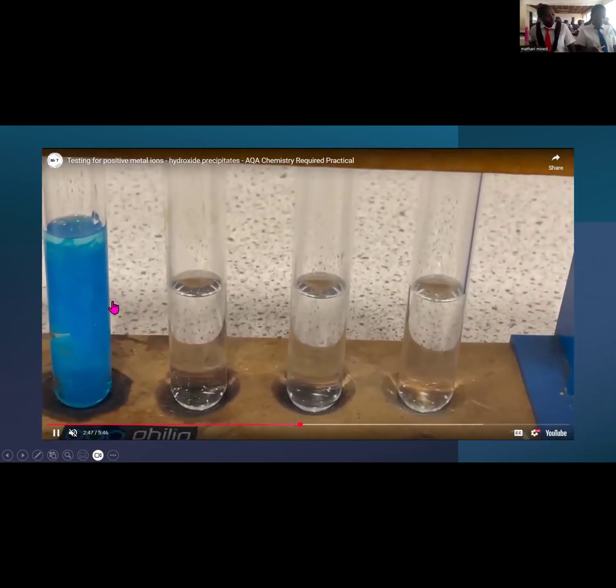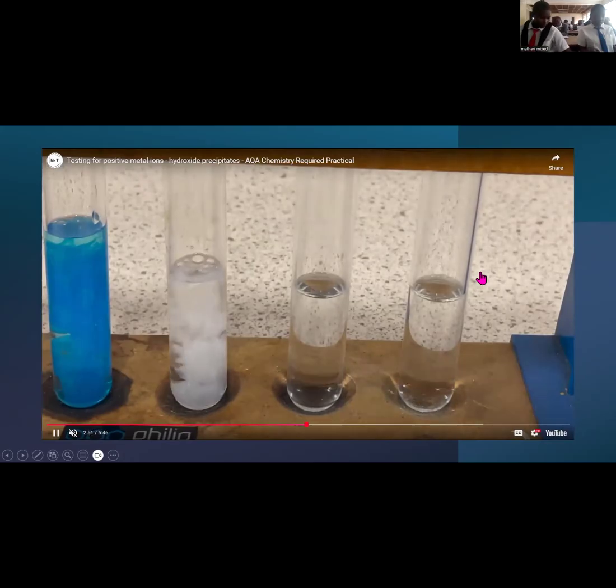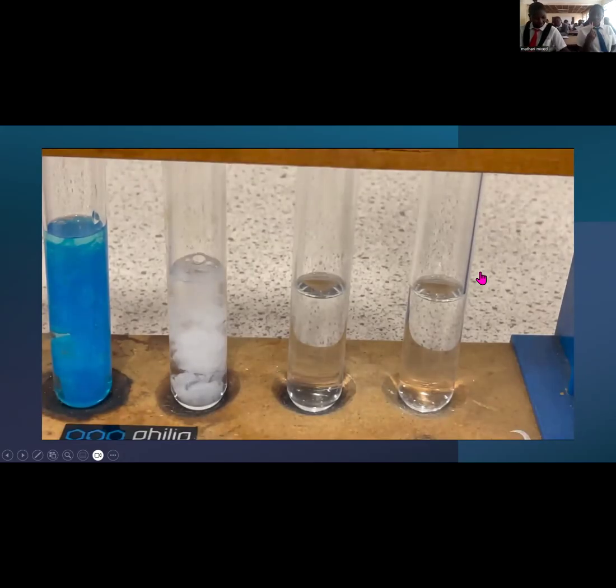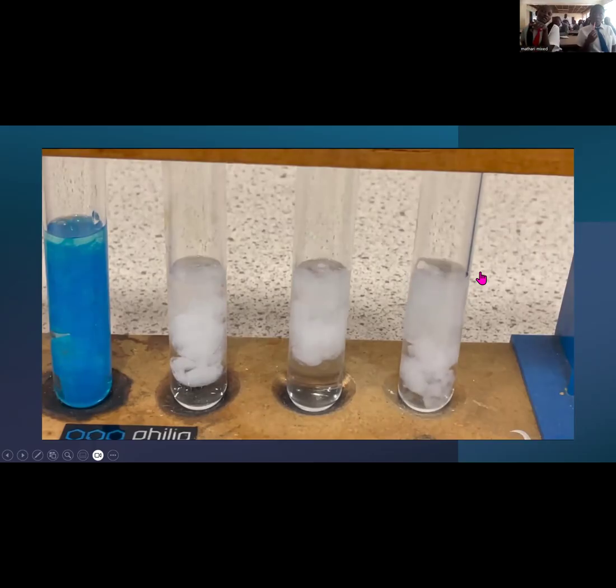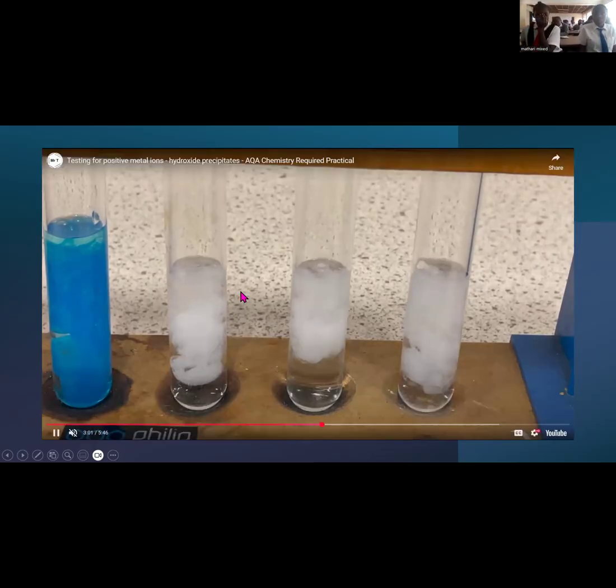Now, sometimes you get something happening which is a bit annoying. So for instance, these three all produce a white precipitate. And so what we need to do is to find out a way to tell the difference between them. Now, this one is zinc, and these two are aluminium and lead. Okay, this is zinc.